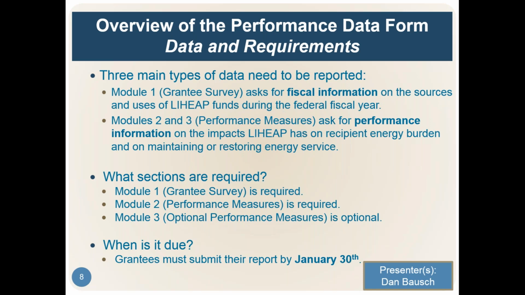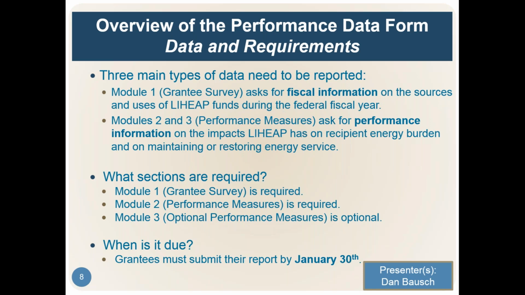The other two modules, modules 2 and 3, are focused on performance information that gets at the impacts of LIHEAP on your recipient's energy burden and LIHEAP's impact in helping households to maintain or restore energy service. Module 1 and Module 2 are both required for all state grantees to complete, and Module 3 is optional and voluntary.